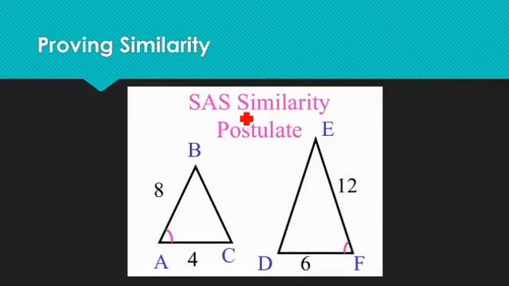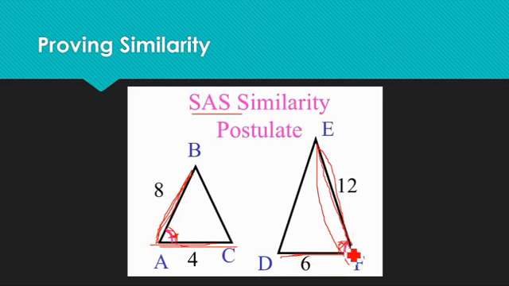For example, this is an example of the side angle side similarity postulate. Notice how we have a side here, a side here, and a side here, and then they have an angle in between them that is congruent.